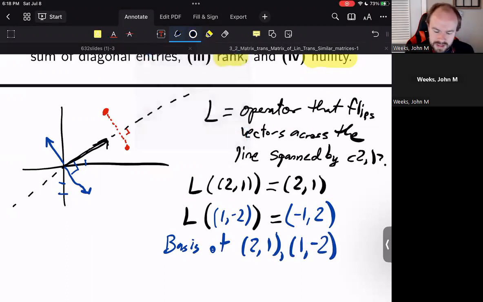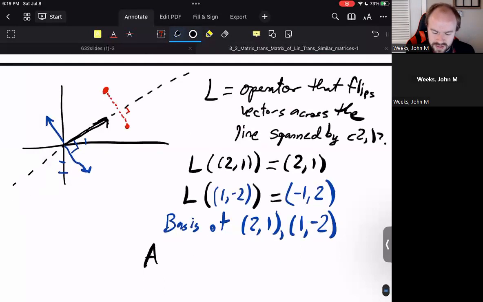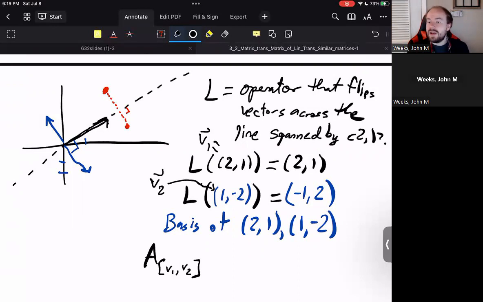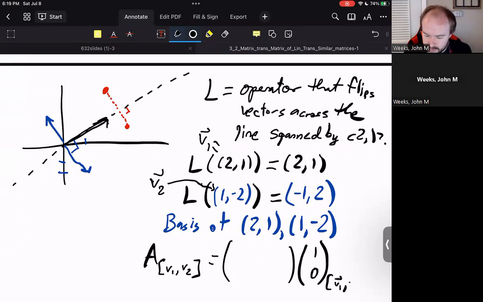Let's write this as our matrix of A with respect to V1 and V2, with V1 being 2, 1 and V2 being this vector right here, V1 and V2 making a basis of R2 for me. So hence I can make a matrix of this linear transformation with respect to this basis. What is this going to be? Well, it's going to take any component, anything that is in terms of 2, 1. Again, this is written in terms of V1 and V2 here.